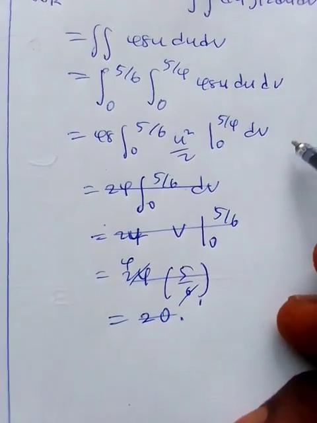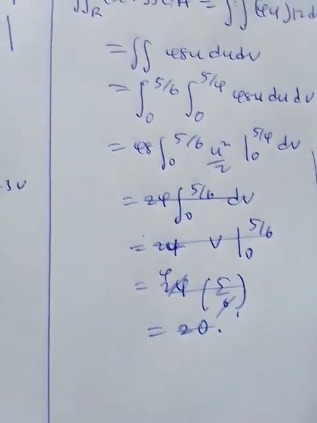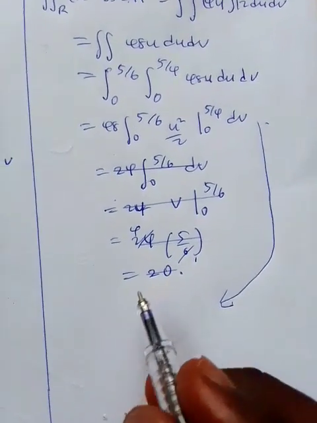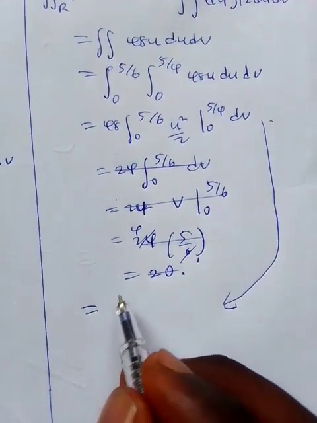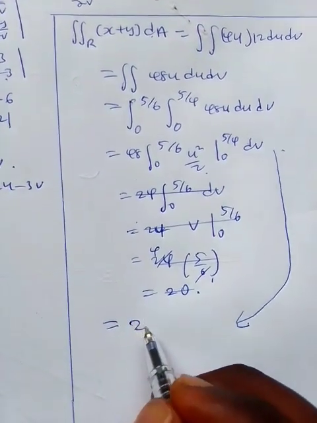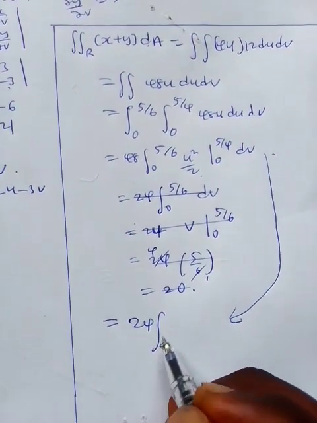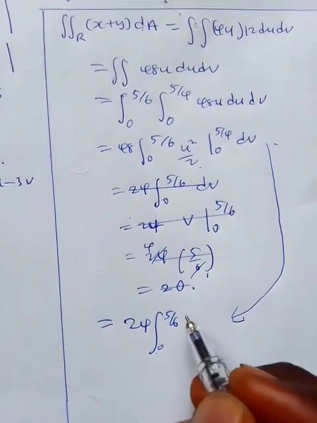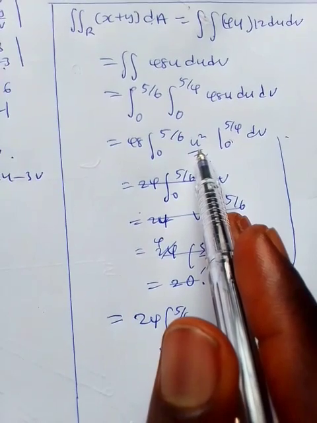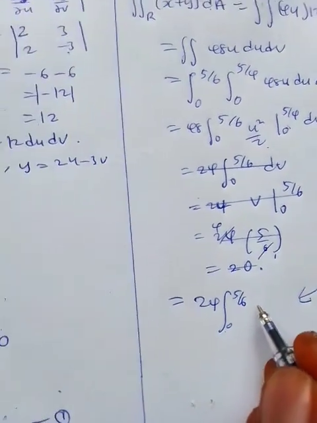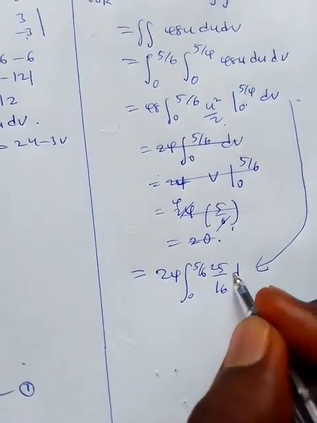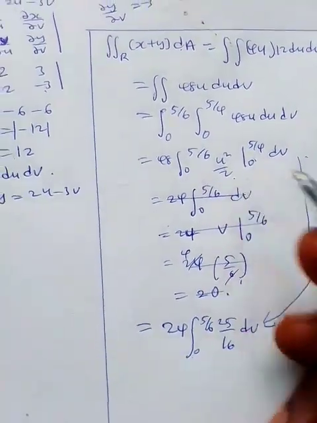So from this we're going to have 48 over 2, that's 24, integrated from 0 to 5 over 6. This is 5 over 4; when you square it, that will be 25 over 16. So we have 25 over 16 dv, and the 0 will just vanish.